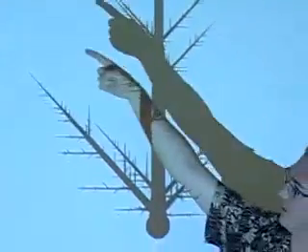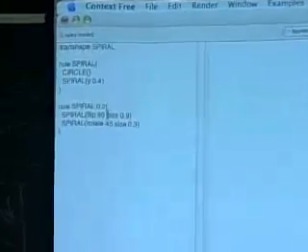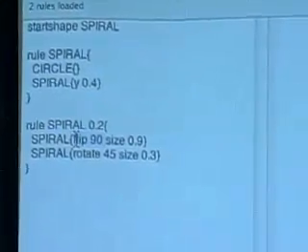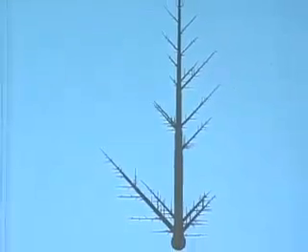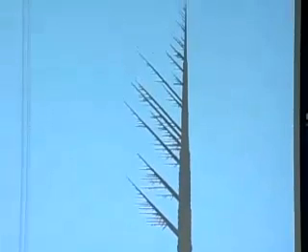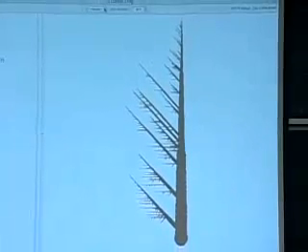And the flip 90 in this rule means that next time it branches, it's going to branch in that direction. We can actually take it out. And if we take out the flip, the branches will all just go in the same direction all the time. See, they only go in one direction.